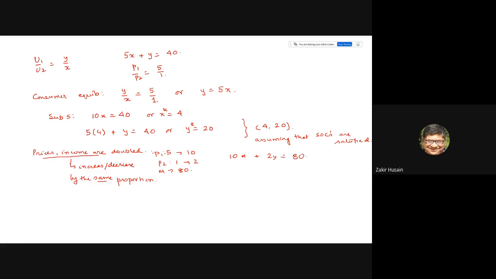তার মানে prices increase দুটো একই দিকে চেঞ্জ করছে, either all of them increases or all of them decreases, and the change is by the same proportion. So what we can say is they go up by lambda. এটা greater than 1 হতে পারে, it's increasing, it can be less than 1, it's decreasing.